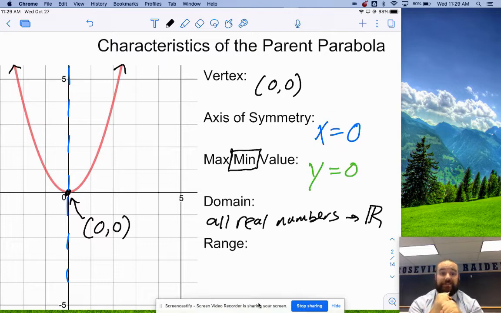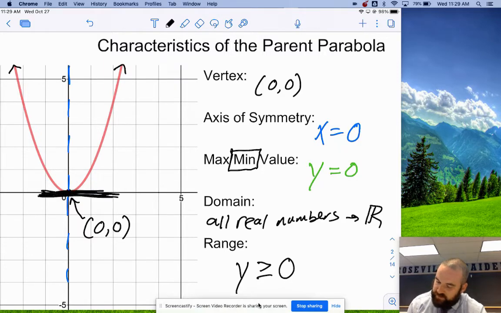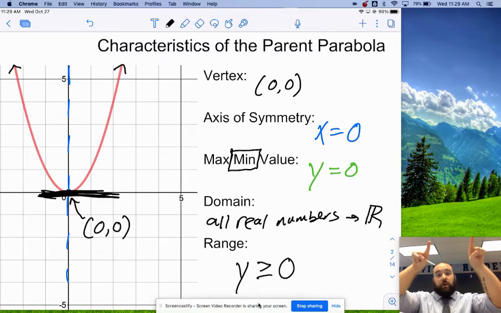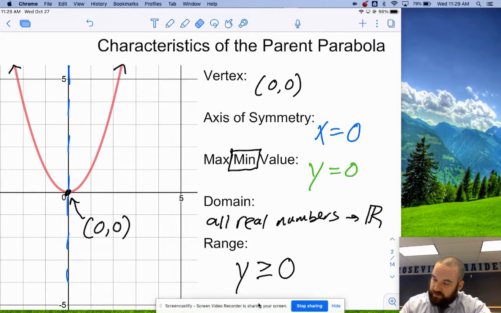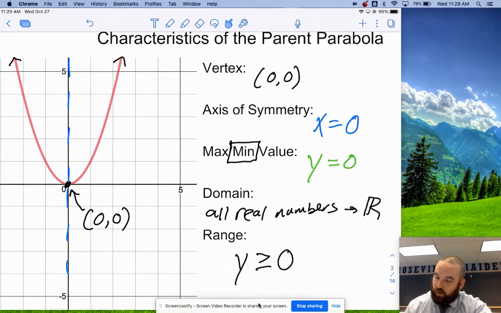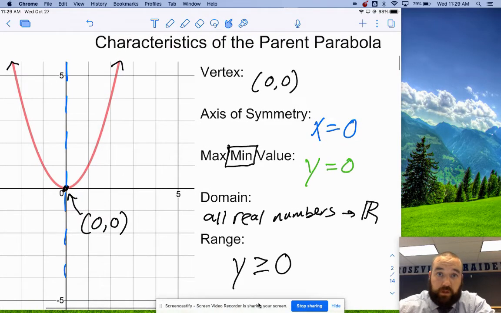From the vertex, the graph goes up. So the y values that this parabola hits is everything that is greater than or equal to 0. Because here's the bottom of the graph at 0, and then we're going to hit every y-coordinate above 0. We are not going to hit any of the y-coordinates below 0. So these are some of the basic characteristics for what's called the parent parabola, y equals x squared.